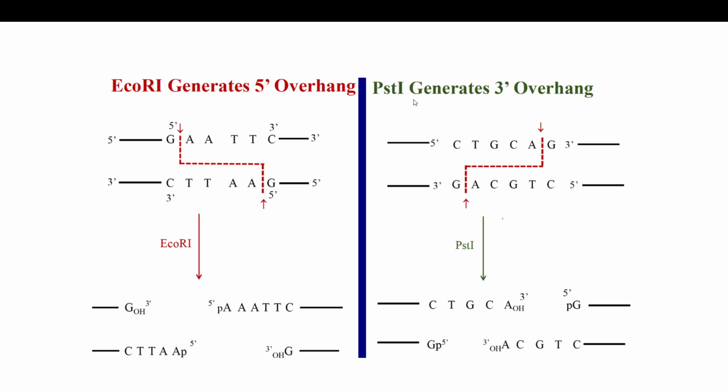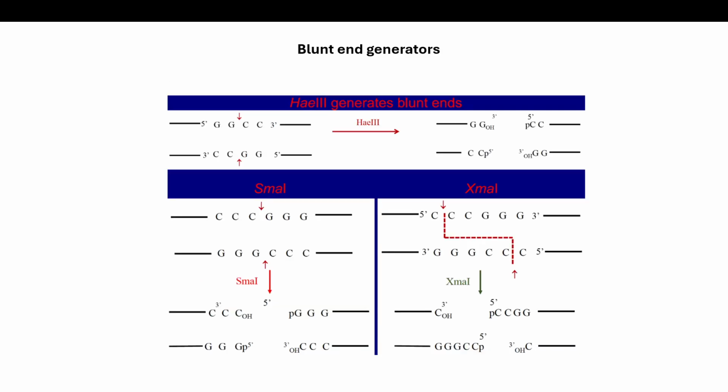On the other hand, this is an example of an enzyme, PstI, which is generating a 3' overhang, and see here, this is a 3' overhang or 5' recessed end. Recessed means there's a gap in between. Now, these are some examples of blunt end generators, like HaeIII, which generates blunt ends.